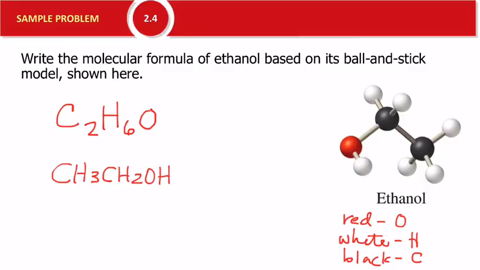At this point, if you wrote OC2H6, I would still count that correct. There is actually a particular order in which we write the elements, but I don't see any point in getting into that. This still tells us the number of atoms of each element, and that's what we're interested in at this point. Any other questions?